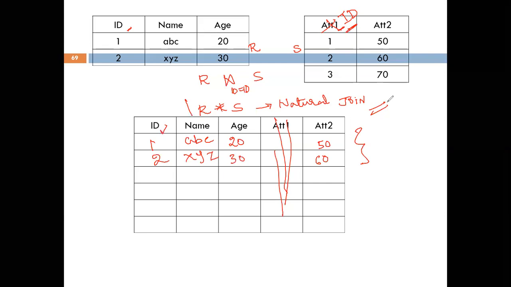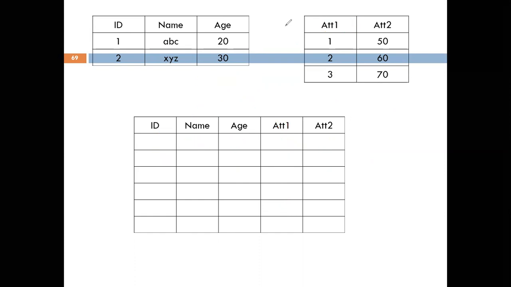What if we don't have such attributes? If the same name is not present in both the tables, then the natural join operation will fail. This is the difference between the other join methodologies and this one. As a whole, the join operation is the same. Within that we have just different categories like theta join, equijoin, and this one, natural join.